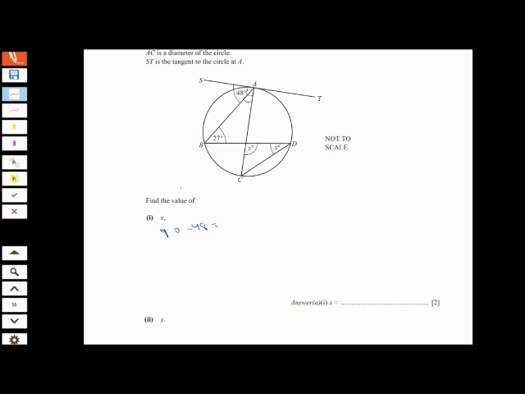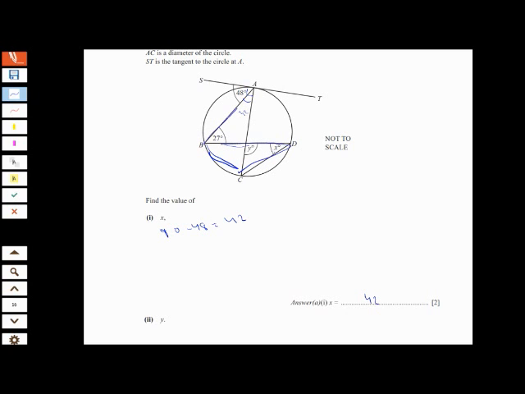So this is 42. If this is 42, x should also equal 42. Why is that? Because both angles share the same arc, which is 42. x equals 42. See, this angle and this angle share the same arc.